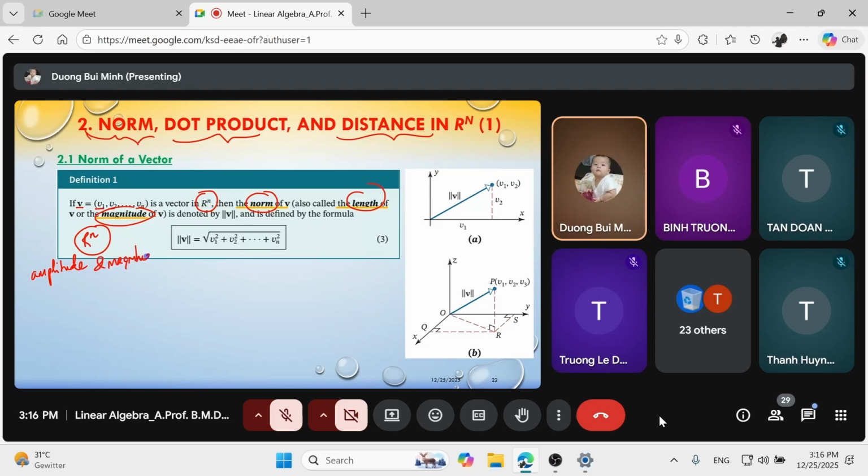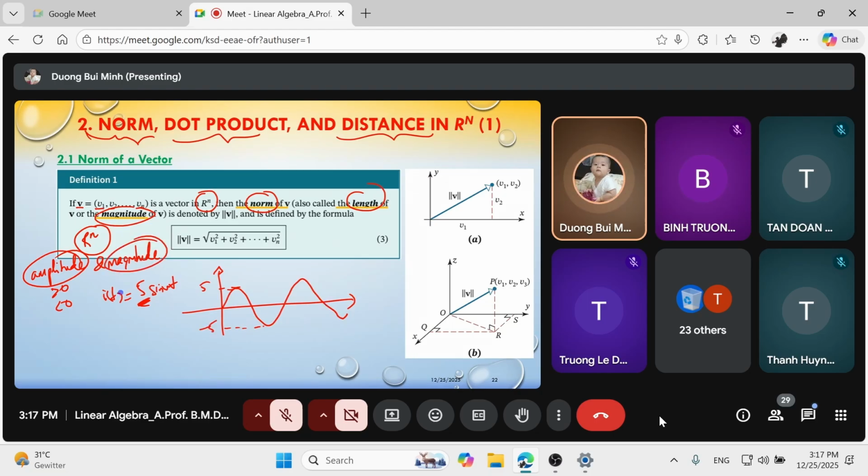Amplitude may be positive or negative. For example, the current i(t) is 5 sine omega t, and this is an amplitude because when you draw the curve, you can get a positive or negative value. For the magnitude, we take the absolute value, which is positive. So that is why we can treat norm, length, and magnitude as the same.